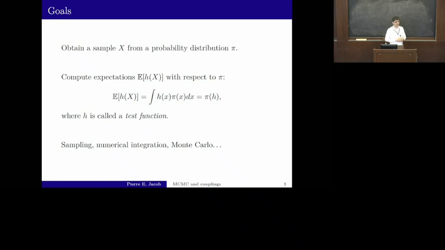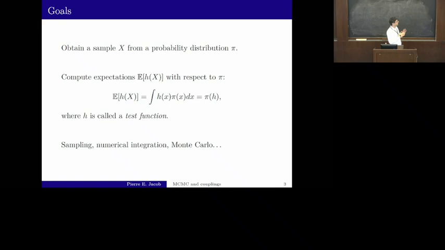To give an example, maybe you're interested in computing the probability that the distribution pi assigns to a certain set. So the probability that your test statistic is in the rejection region, for example, if you're doing a test. So x would be your test statistic, but h would be the indicator that this test statistic is in a certain set, the rejection region.